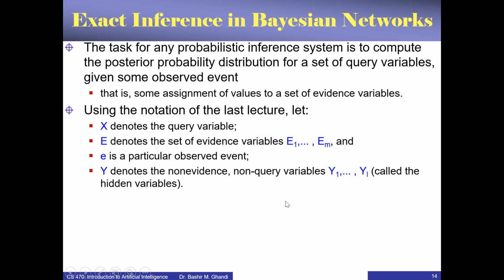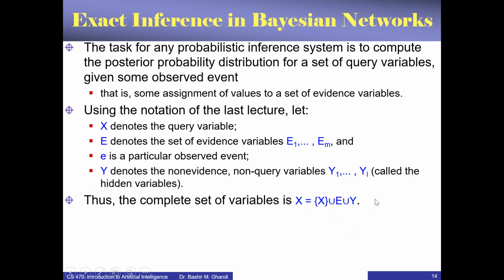So based on these notations, we can see that the complete set of variables are basically going to be the union of the query variables, the evidence variables, and the hidden variables.